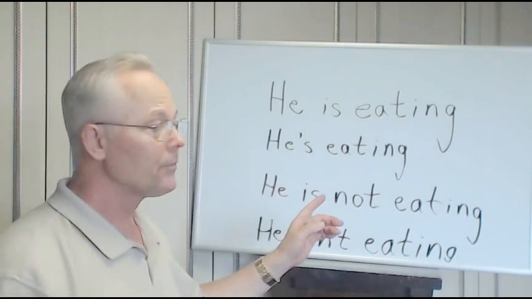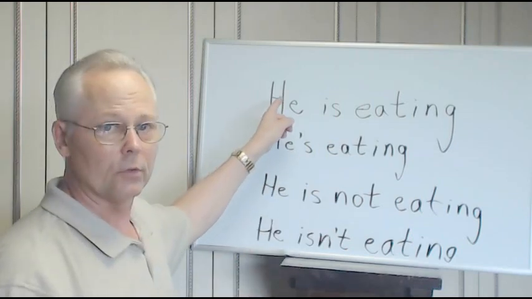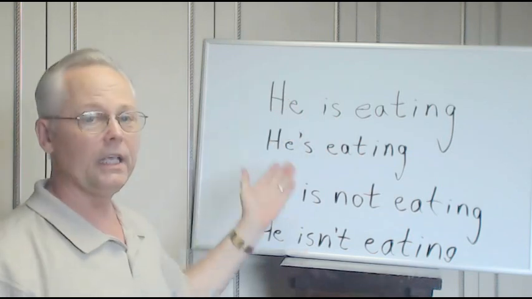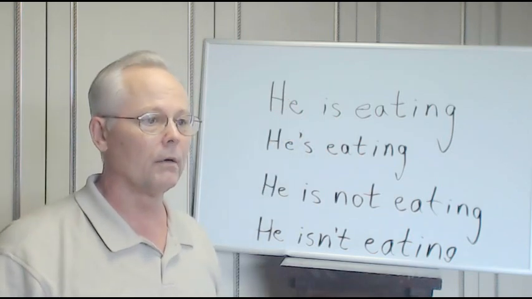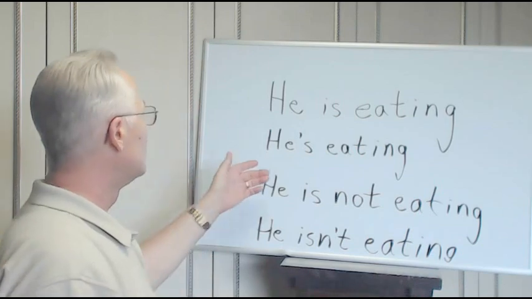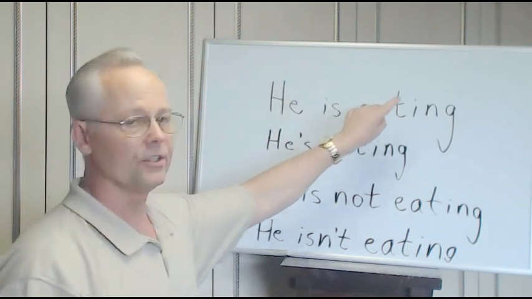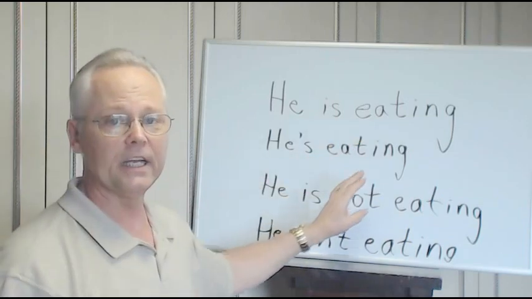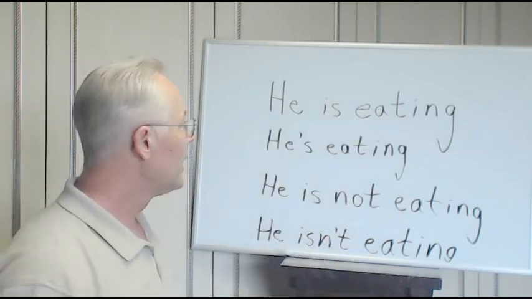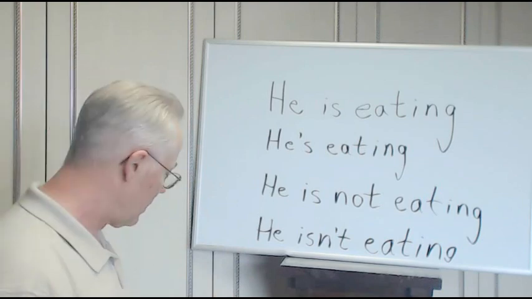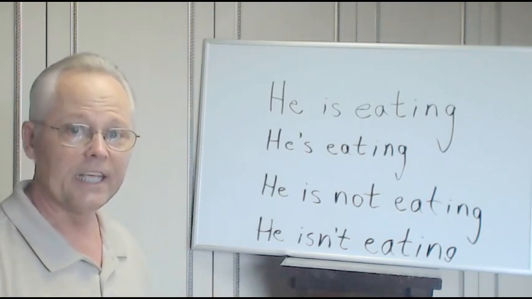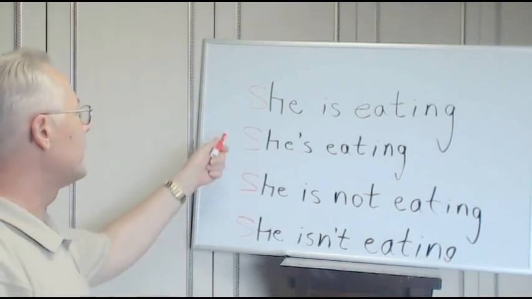Now, remember, we can use a person's name up here. Perhaps he has a first name of Mark. So, we could say, Mark is eating. Mark's eating. Mark is not eating. Mark isn't eating. If we had she up here instead of he, same thing.